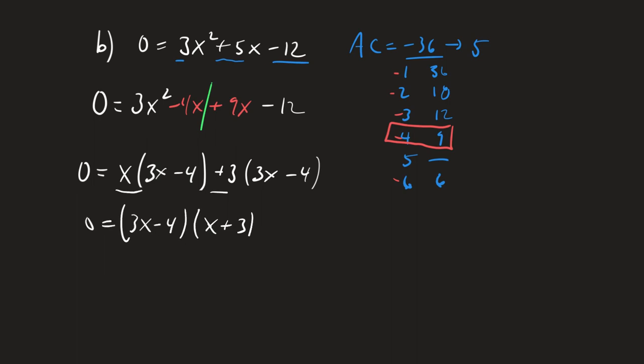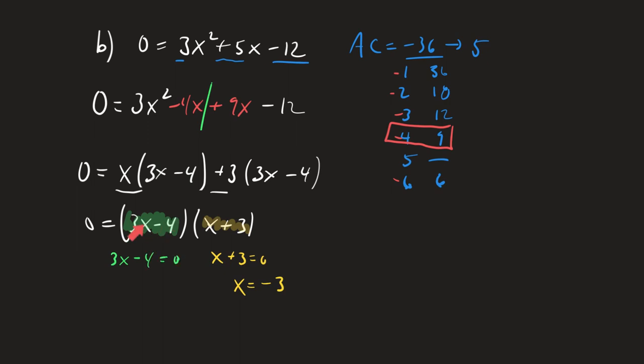And so that last step, what value of x makes this 0? What value of x makes this 0? You notice that the yellow one here is going to be the easier one, that x plus 3 equals 0, or you can just do that in your head and see, it's x equals negative 3. Well, that green one's a little hard to do in your head, so this is where not forgetting what the idea is comes in: I need to set that equal to 0 and solve it.